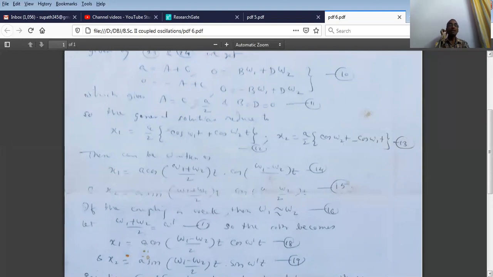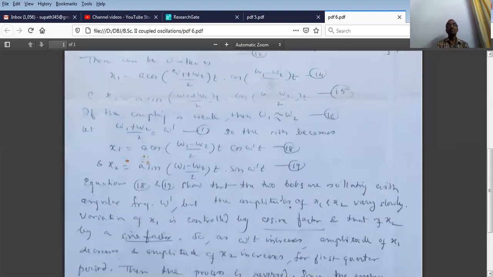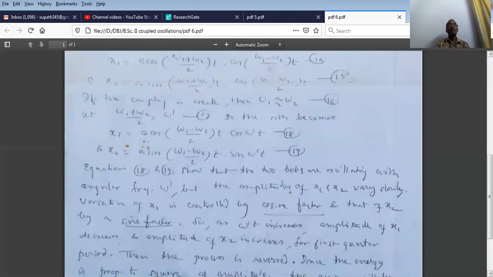Now here it comes. If the coupling is weak, then omega 1 is nearly equal to omega 2, equation number 16. Let (omega 1 plus omega 2) divided by 2 equal to omega dash, equation 17.